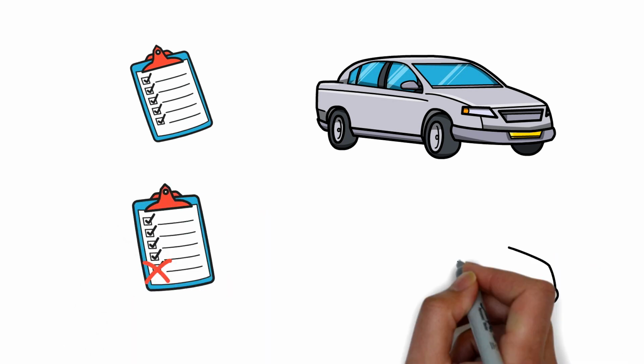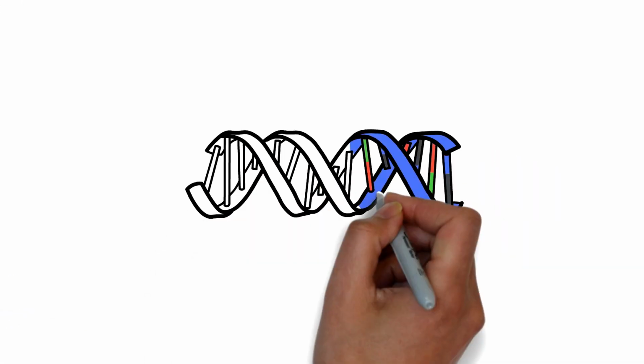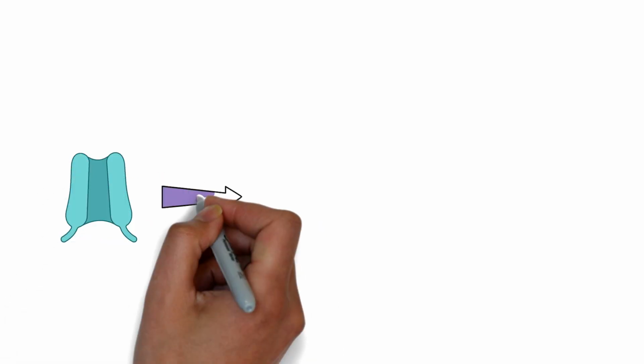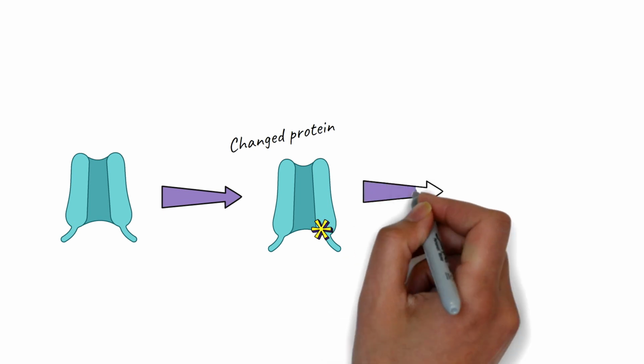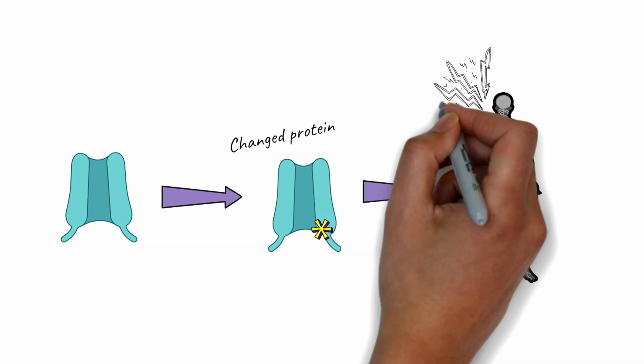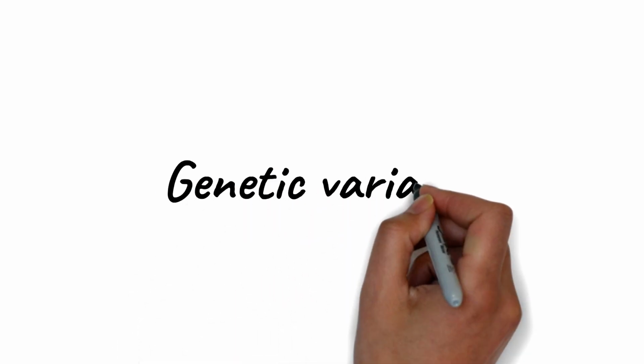In a manual, when instructions are missing, misspelled, or exchanged, the end product may end up different from what was initially intended. The same is true for genes. Even a small change in the instructions could cause the protein product to be partly or entirely changed or lost. This can have harmful effects throughout the entire body. These errors within genes are called genetic variants, and they occur all the time.